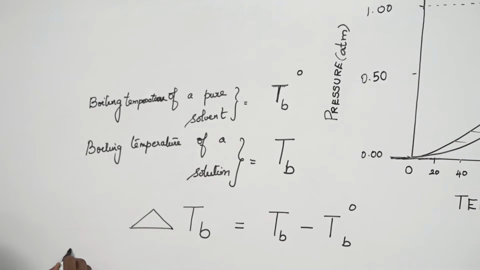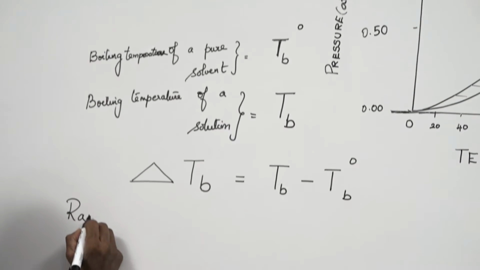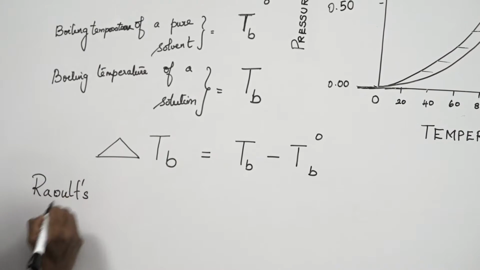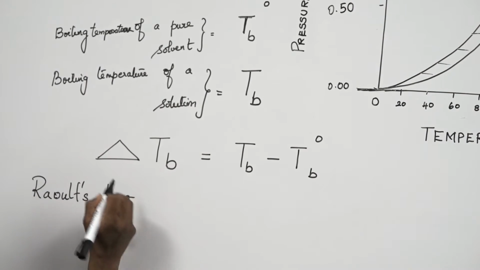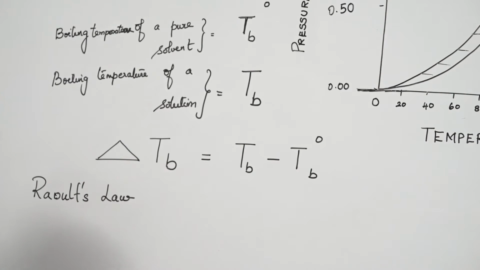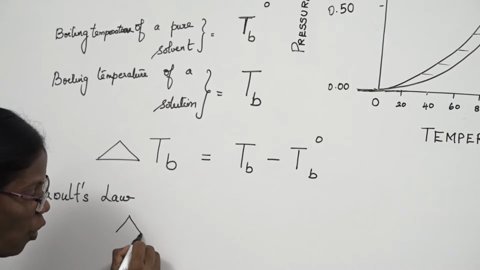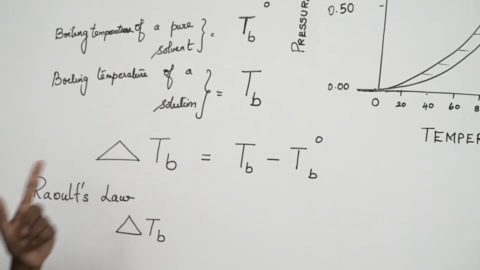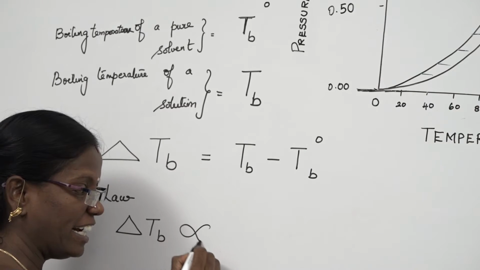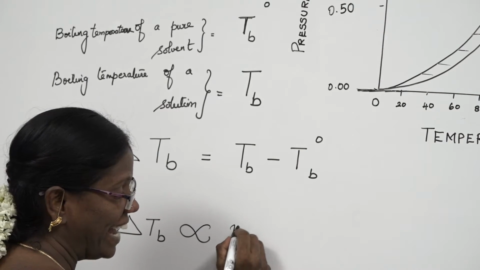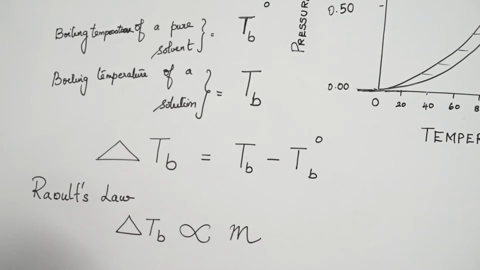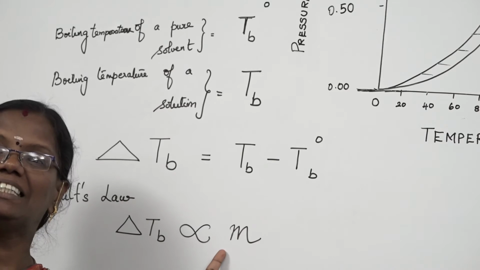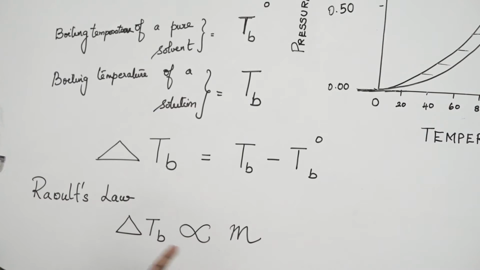This gives the difference in boiling points of the solution and the pure solvent. According to Raoult's law, this delta T_B, that is the elevation of boiling point, is directly proportional to the molality of the solution. Molality, L-I-T-Y and not R-I-T-Y.